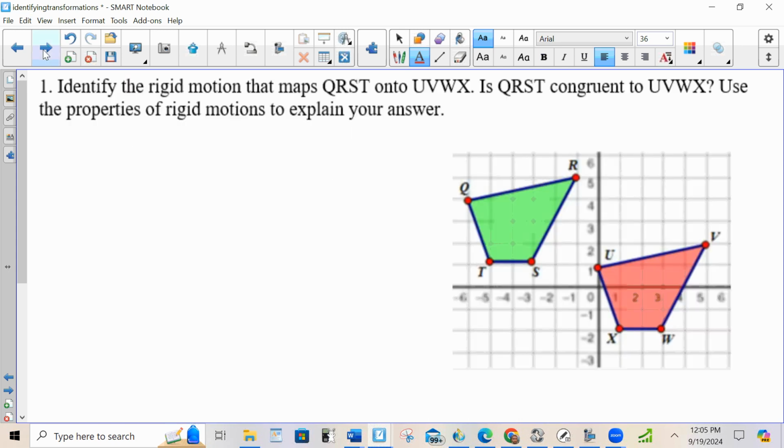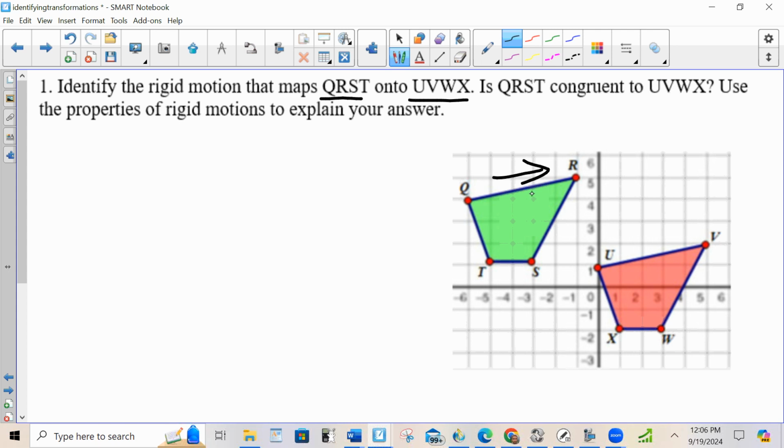So how do I check for orientation on a graph? Well, we're checking the order of the letters. So it's telling us the order of the letters here. Q, R, S, T, U, V, W, X. I'm going to draw arrows going from Q to R to S to T. This direction is going clockwise.